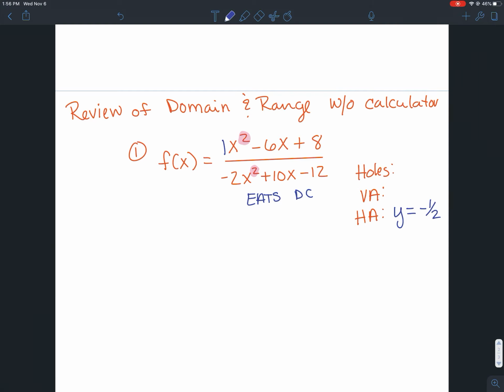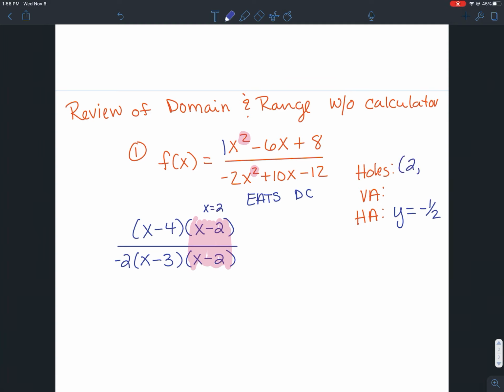Okay? My holes, I hope you factored, and you should have got x minus 4 and x minus 2 on the top. And on the bottom, you should have taken out a -2, and then you would have been left with x minus 3 and x minus 2 when you further factored it. So I have a hole right here at x equals 2.